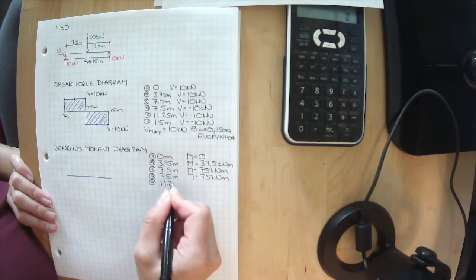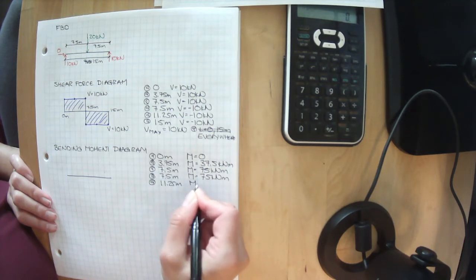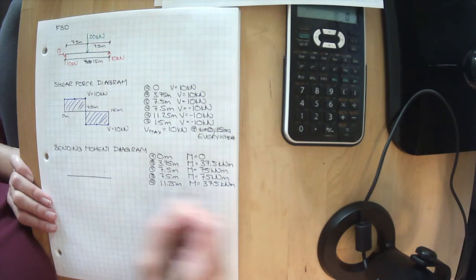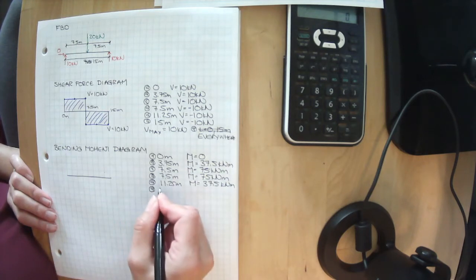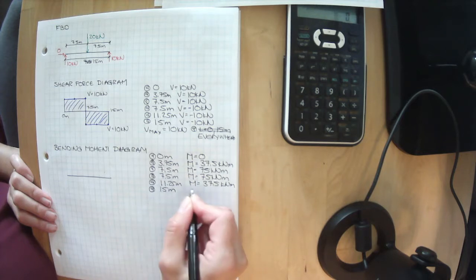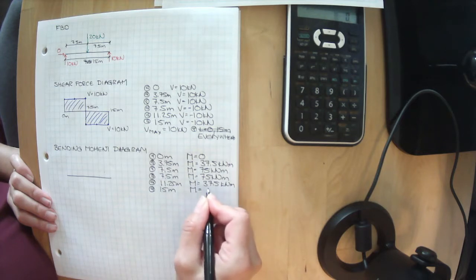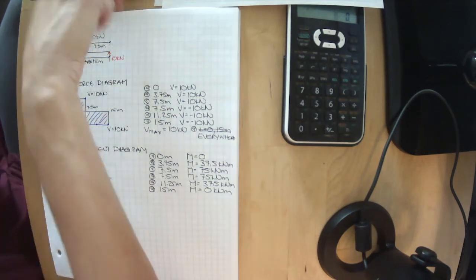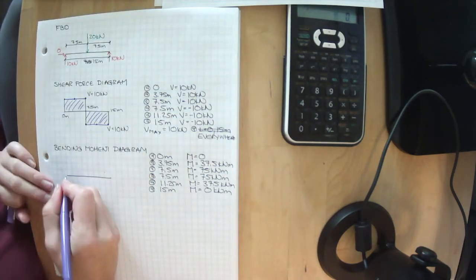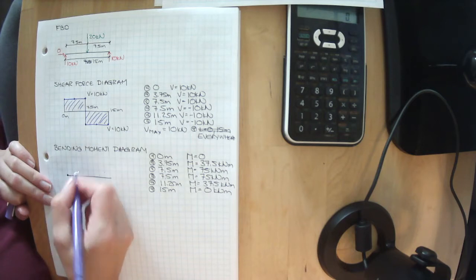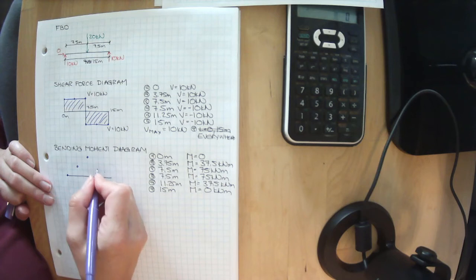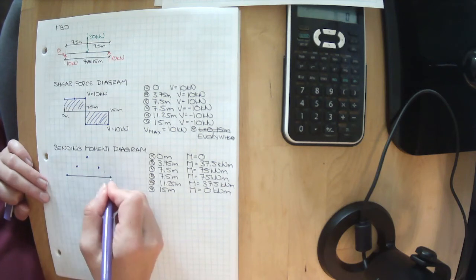At 11.25 meters, our moment equaled 37.5 kilonewton meters. And at our support, our moment equaled 0 kilonewton meters. Let's draw this on our diagram. We had 0 here, we had 37.5 and 75, and then it looks like we came back down.